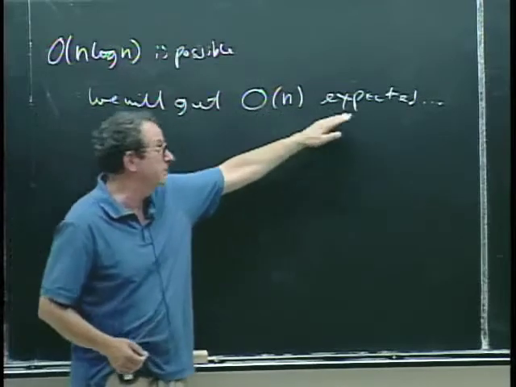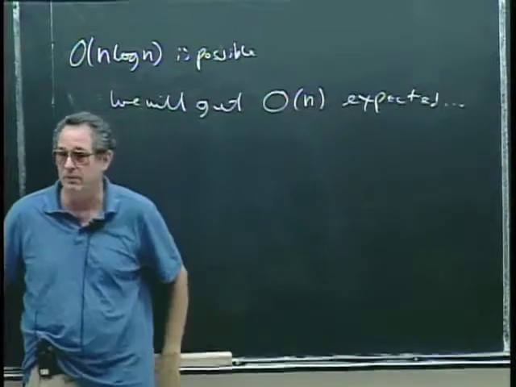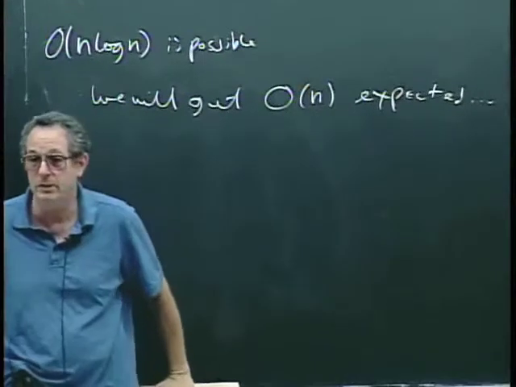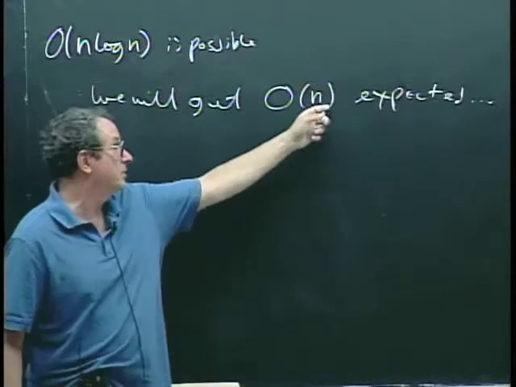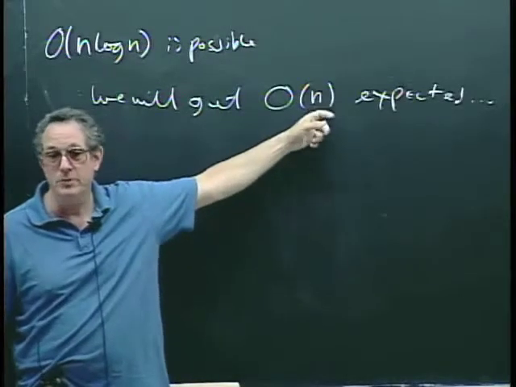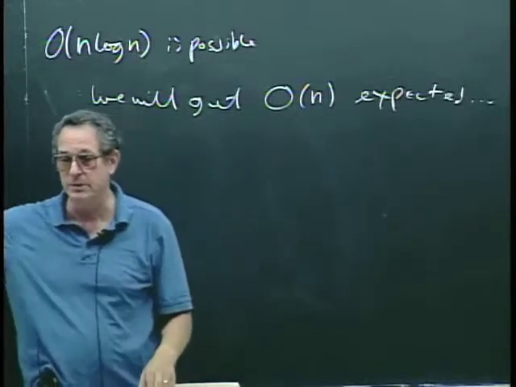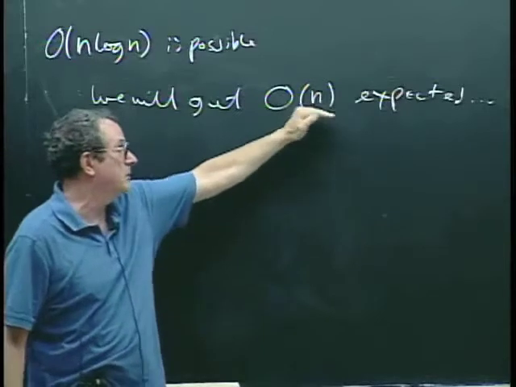Of course, this is an expected time. But I will mention that one of the great early results in algorithmic computer science is a deterministic algorithm to find the median that runs in order n time. But it's much more complex than this algorithm over here. So this algorithm, the select algorithm, finds the median in expected order n time.